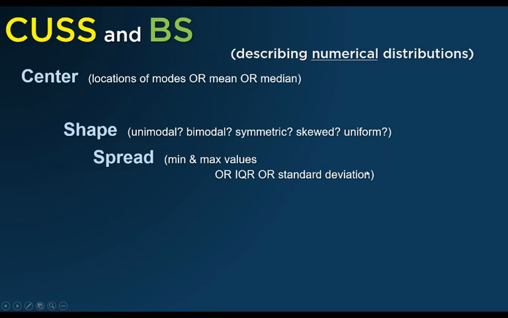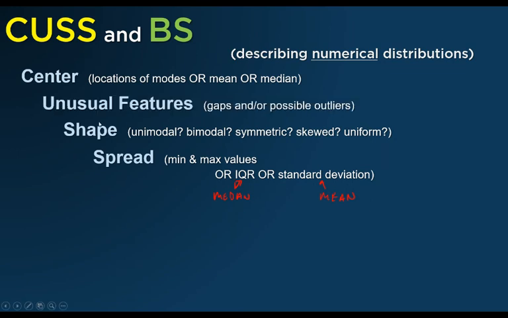And when we talk about measures of spread, when we use IQR, we're usually using the median for center. And if we use standard deviation, we're usually using the mean for center. So we kind of save those. If we talked up here about center and we talked about the median, I wouldn't use standard deviation. And if I talked about the mean, I wouldn't use IQR. So those are usually reserved for that.